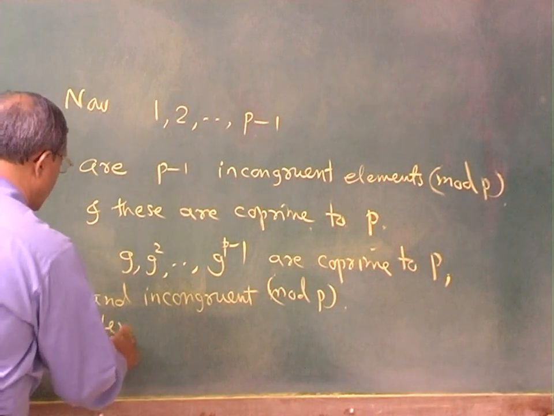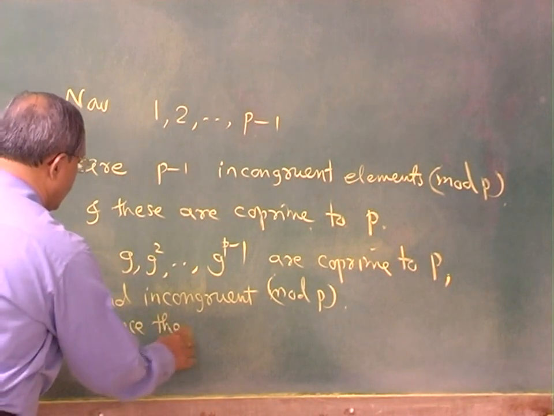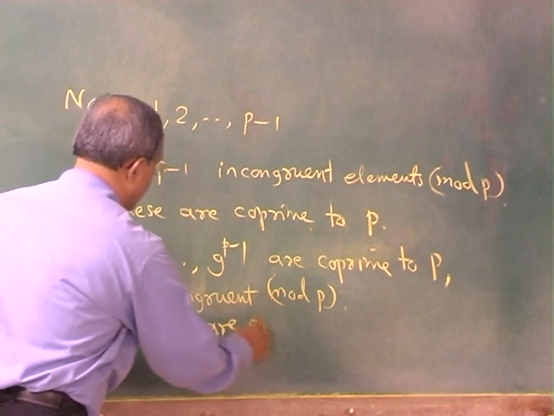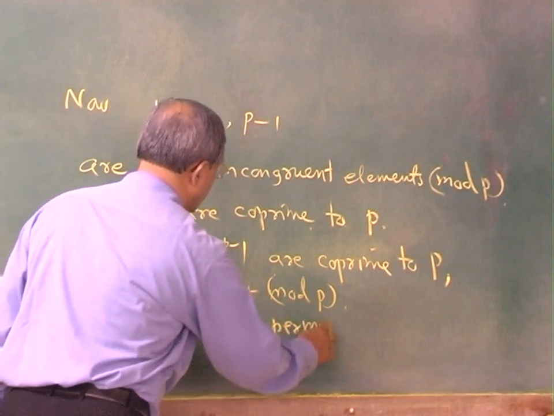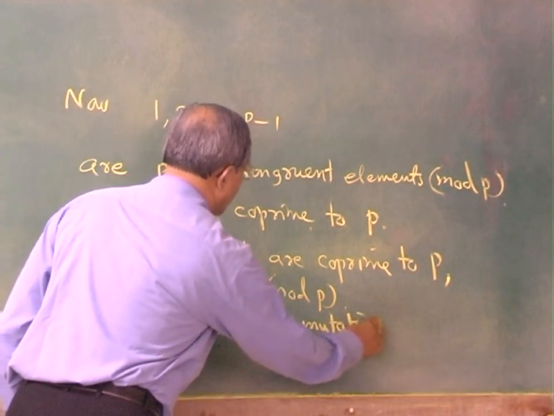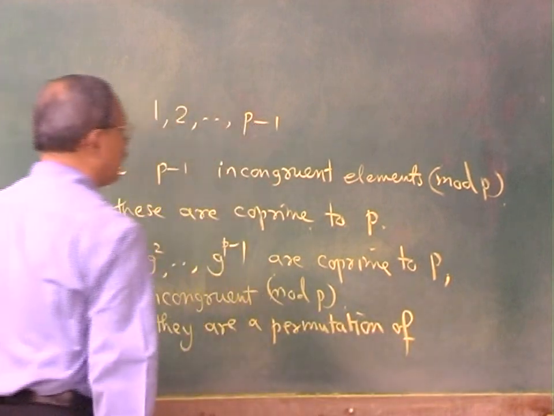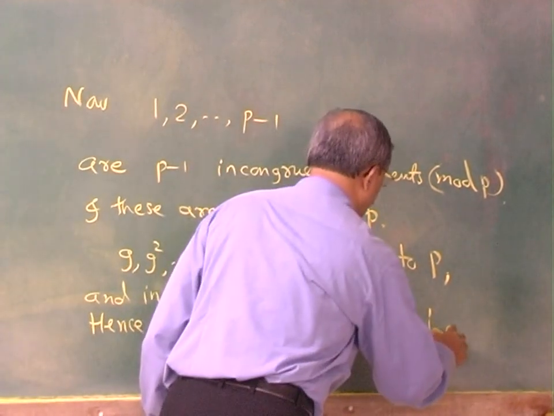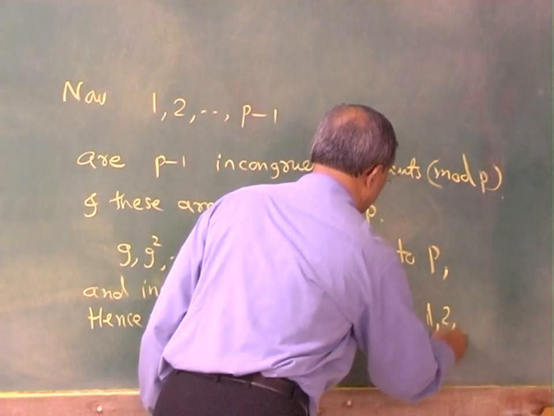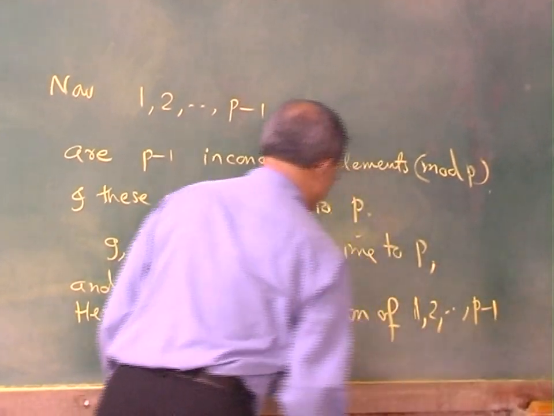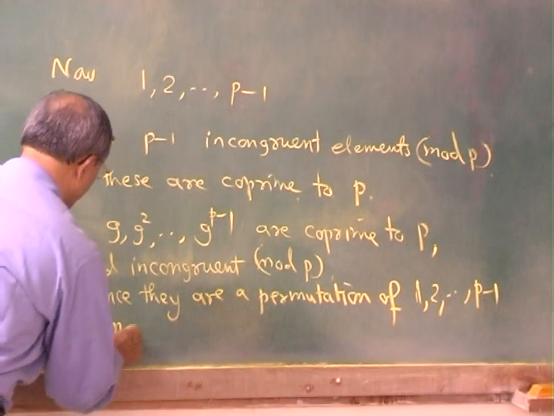Hence they are a permutation of 1 to p minus 1 mod p.